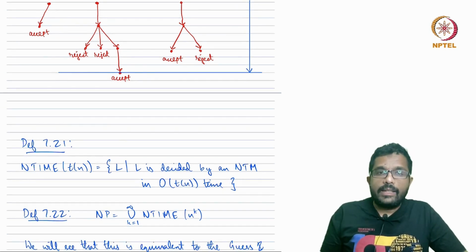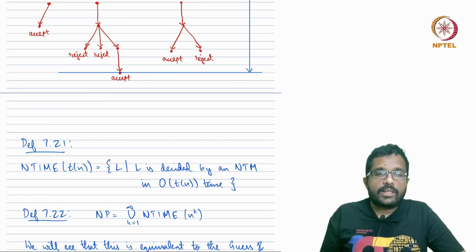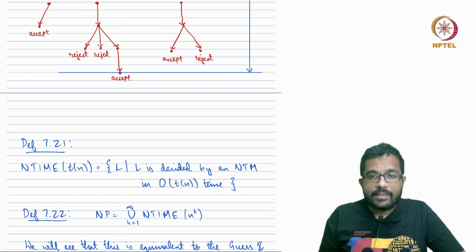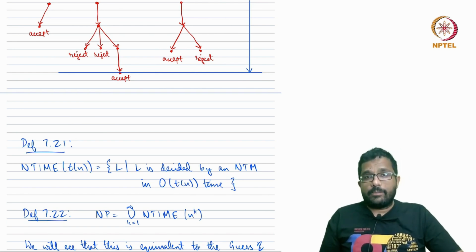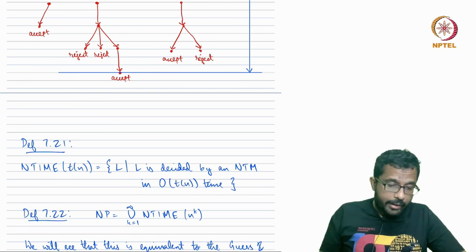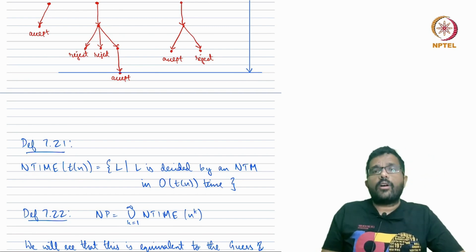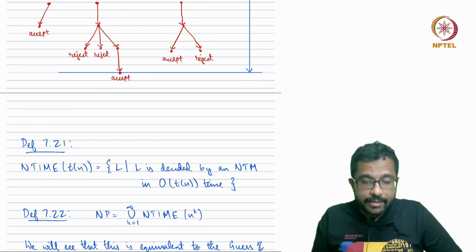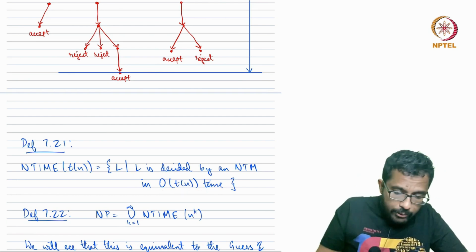Similar to DTIME(t(n)), we have NTIME(t(n)). DTIME(t(n)) was the set of all languages that can be decided in O(t(n)) time by a deterministic Turing machine. So NTIME(t(n)) is the set of all languages that can be decided in O(t(n)) time by a non-deterministic Turing machine. It is exactly the same.